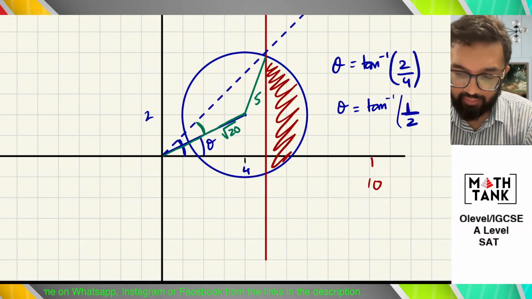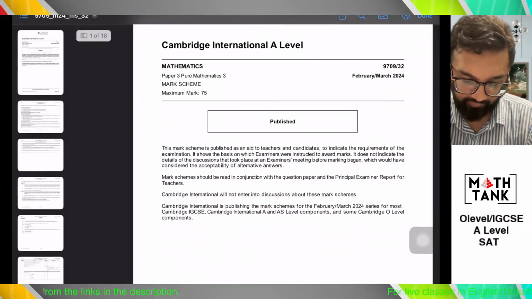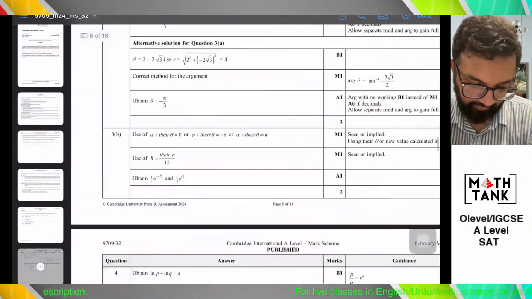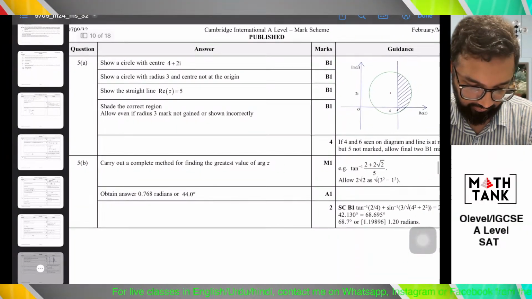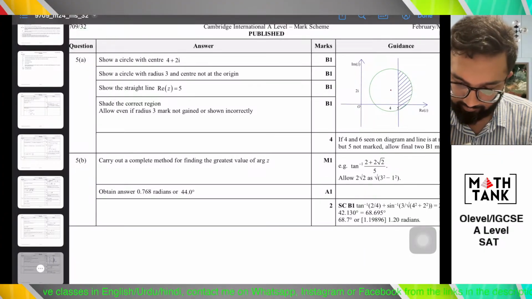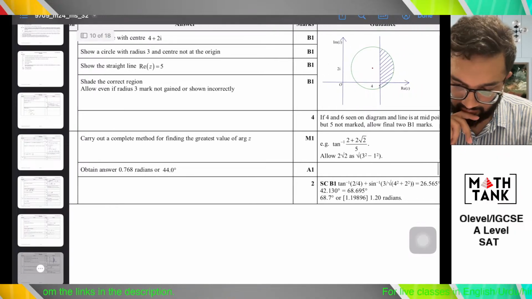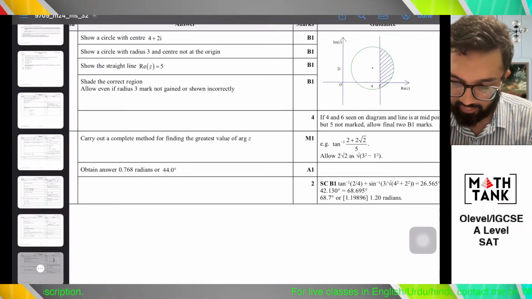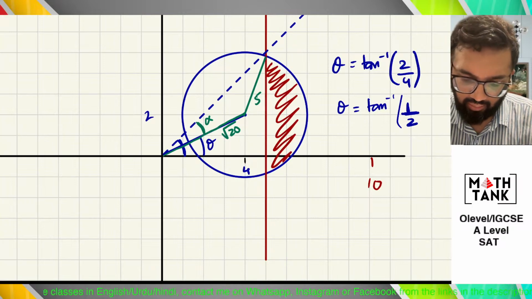Do I know something else in this question? Let's check. But this is not 5.